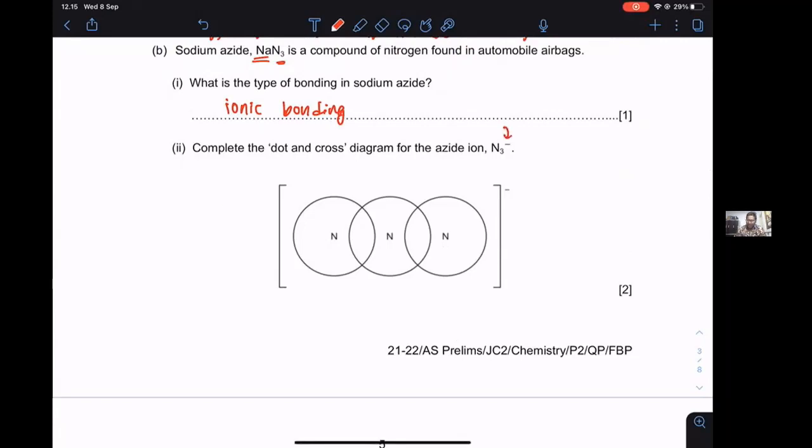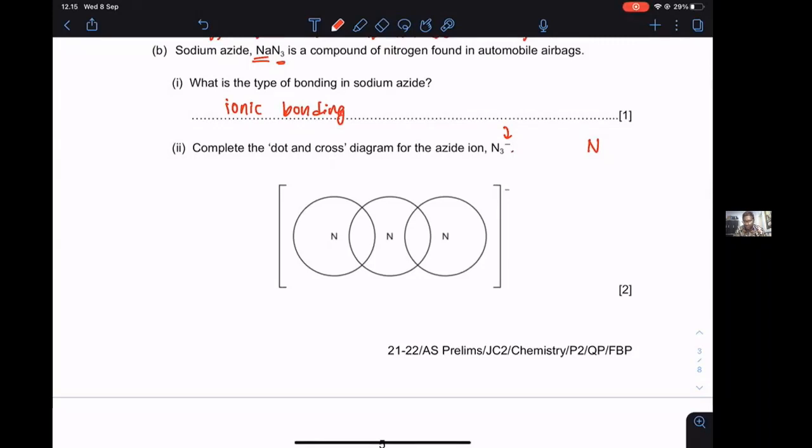Whenever you have this, you need to know nitrogen will have 5 valence electrons because it is group 15. From these 5 valence electrons, how do I show it is going to be a negative ion? This one you need to be very careful.